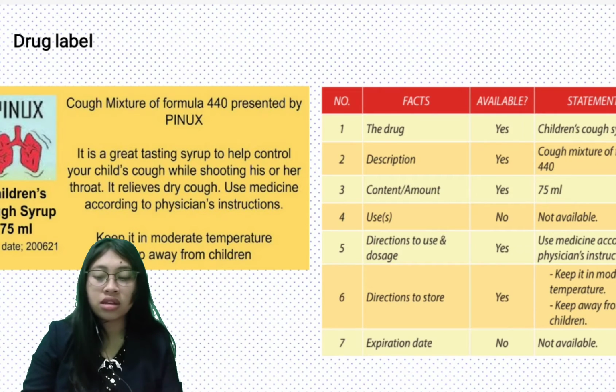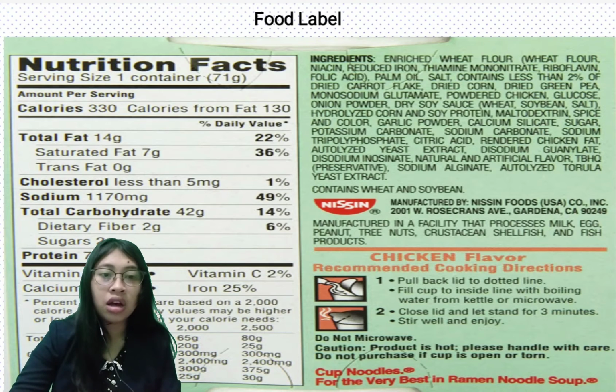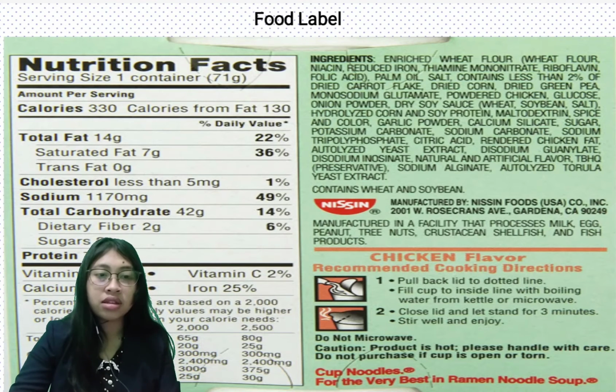So let's see the next example, a food label. Now you can see the food label here, the nutrition facts. See the serving size in one container is 71 gram. It includes the calories, total fat, saturated fat, trans fat, cholesterol, sodium, total carbohydrate.